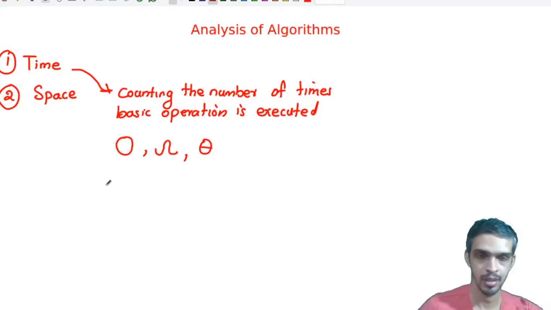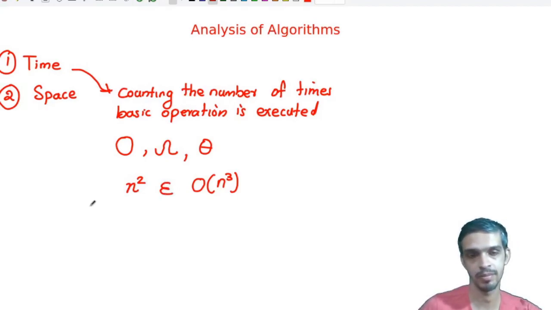So, say an algorithm runs in big O of n cube, then I can say that n square is an element of O of n cube.